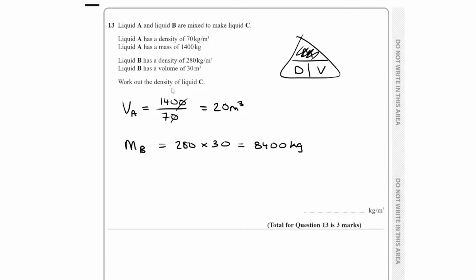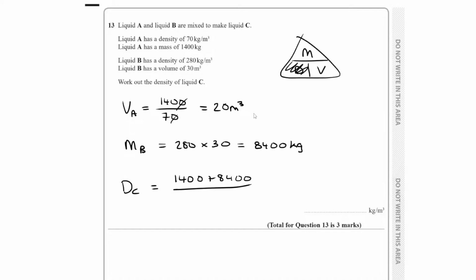And then for liquid C, we want the density, which is mass over volume. So the density of C is then, because they've mixed them together, you add them together, right? So the total mass would be the mass of A, which is 1,400, plus 8,400, mass of B, over the total volume.